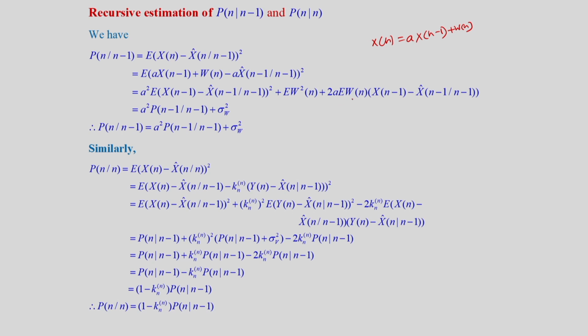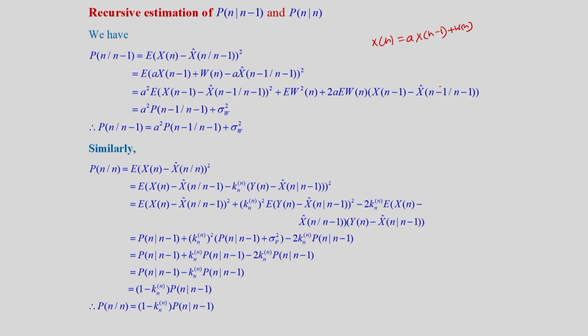So, therefore, consider E of w_n into (x_(n minus 1) minus x hat n minus 1 given n minus 1). Now, w_n is independent of x_(n minus 1), so this term will be equal to 0. Now, this estimator is a linear combination of past data only, it is a function of past data only. Therefore, w_n will be independent of this factor also.